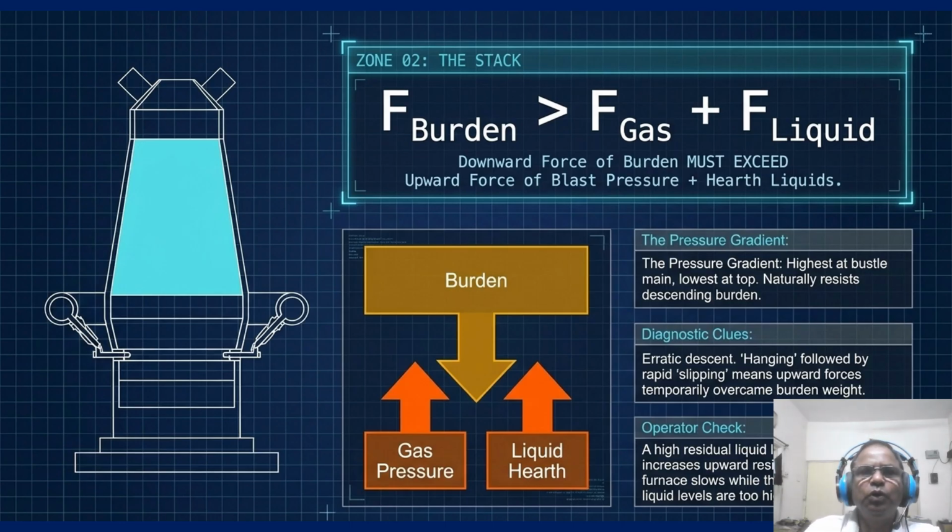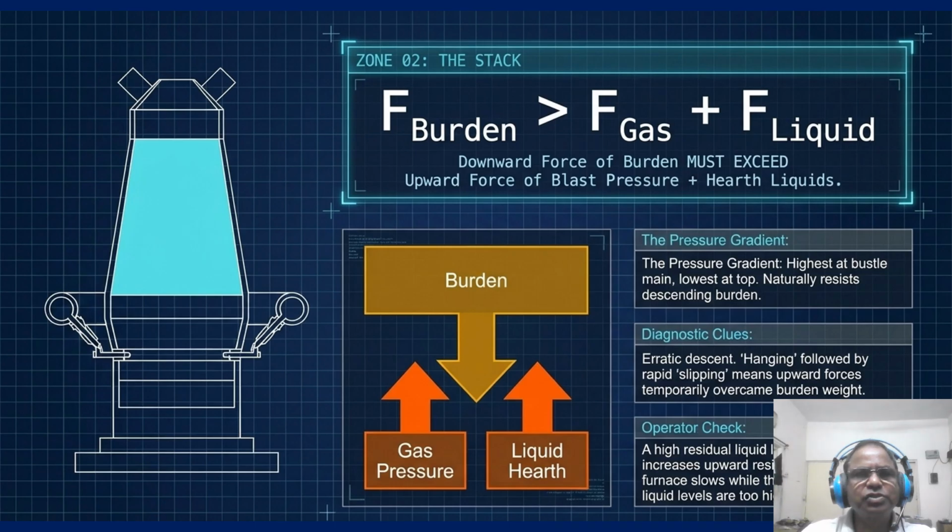Now, coming to the stack, understanding that body weight must always beat upward pressure. In this zone 2, the stack, we manage the physics of descent. The formula is: the downward force of the burden must exceed the upward force of the blast pressure plus hearth liquid.